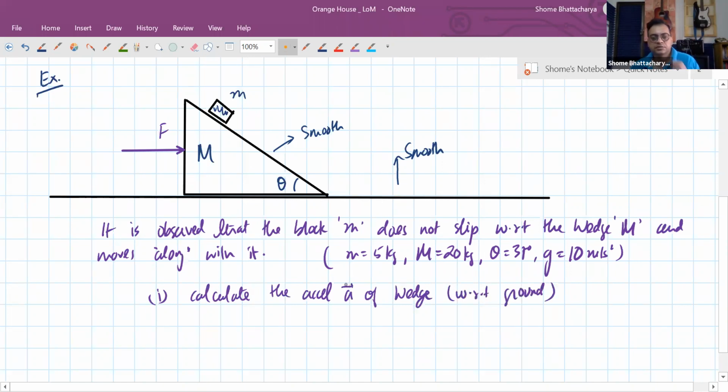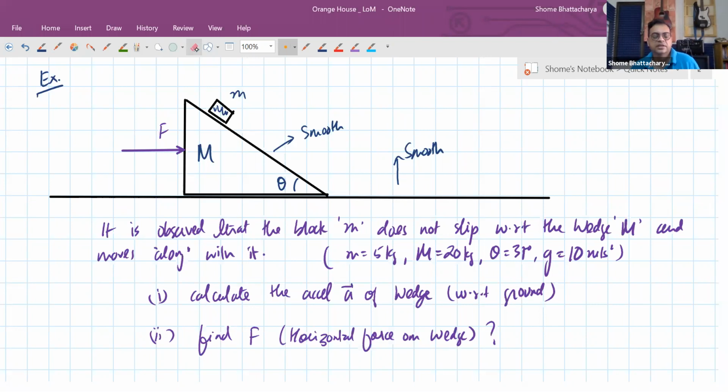How much acceleration with which the wedge should be moving so that the small block is like pinned on that point on the wedge, it is not sliding down. And second, find the magnitude of the horizontal force on the wedge that we need to apply on the wedge to keep it accelerating in that kind of situation.